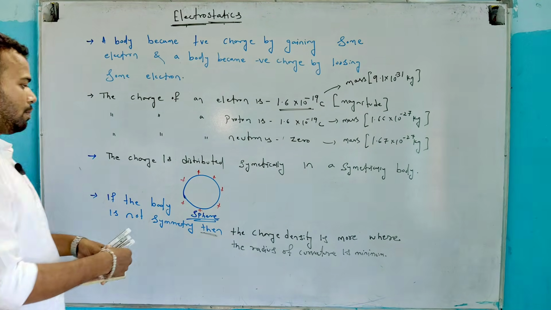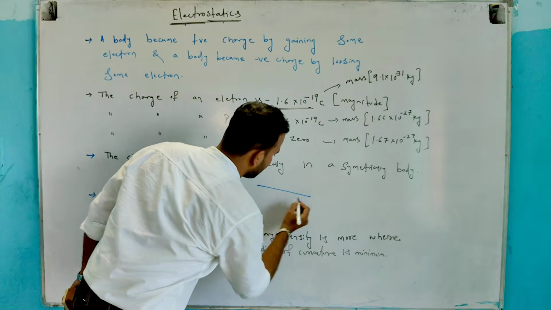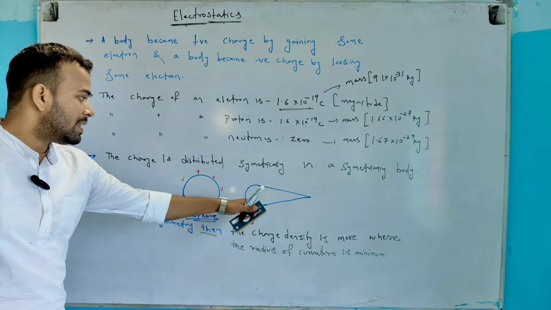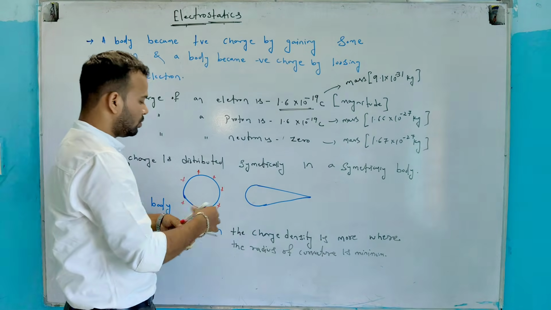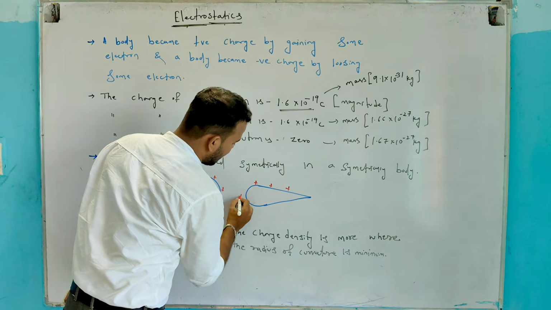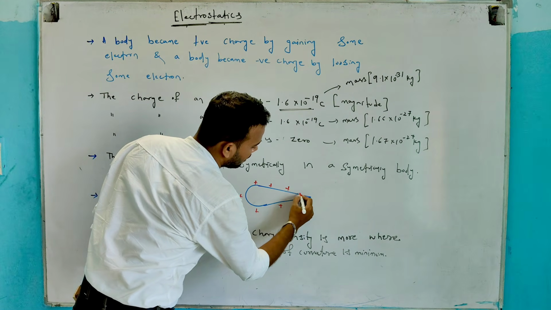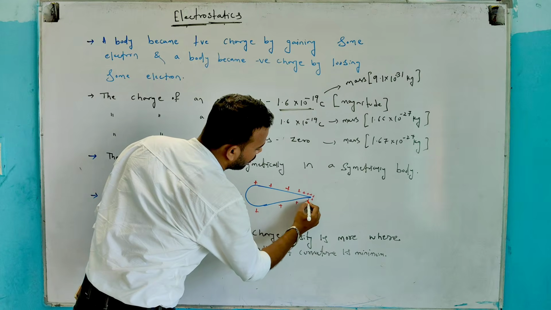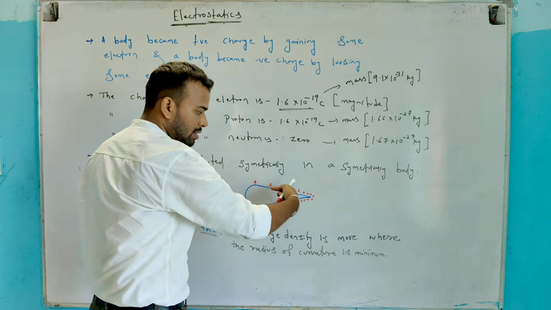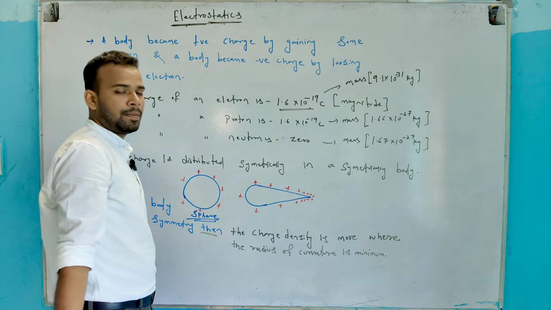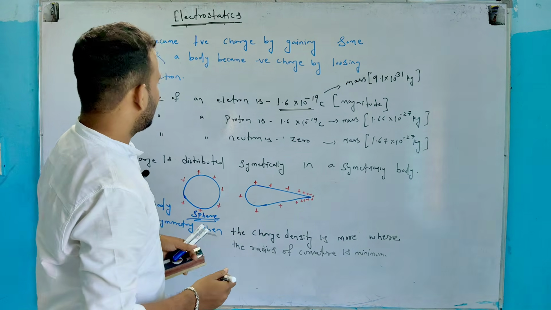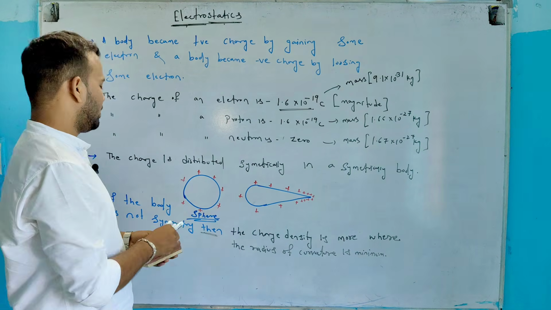What does it mean? Suppose a body is just like this. This is not a symmetric body. If we apply charge to this body, let's say positive charge, then the positive charge is not distributed equally. The charge density is more where the radius of curvature is minimum. Here the radius of curvature is this much, here the radius of curvature is this. So the charges leak at the sharp point. Clear? So these are the small things about charge.